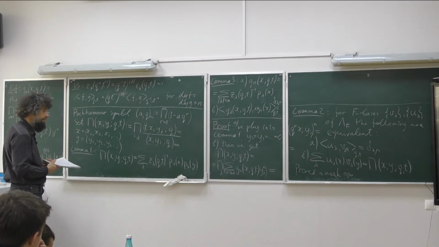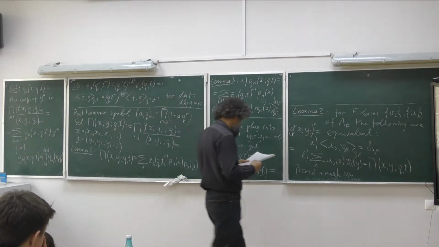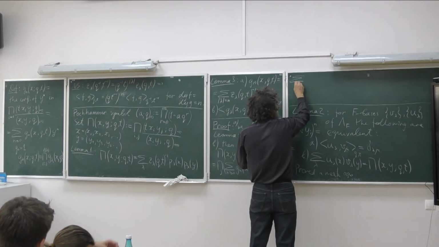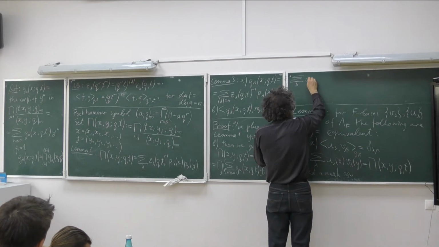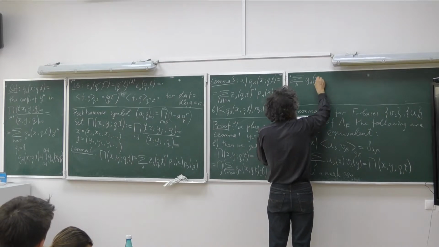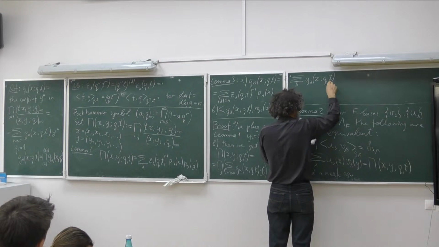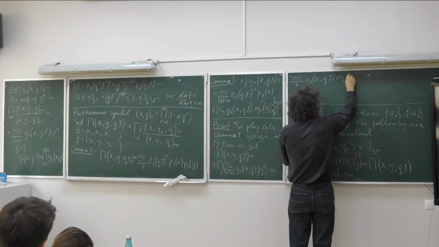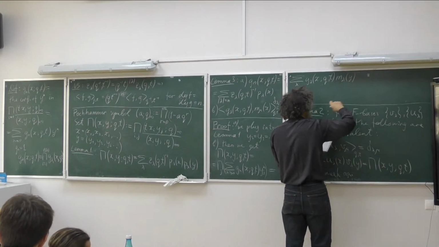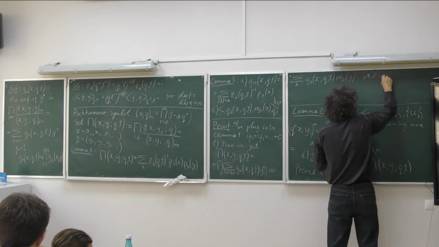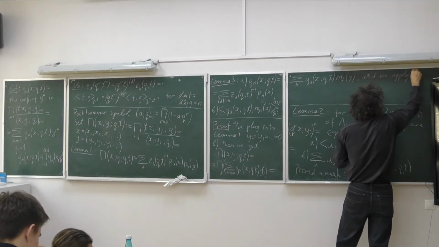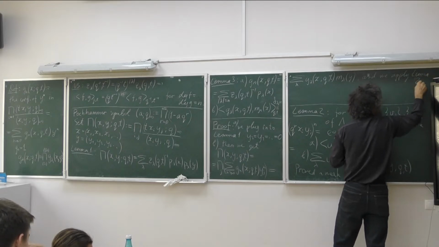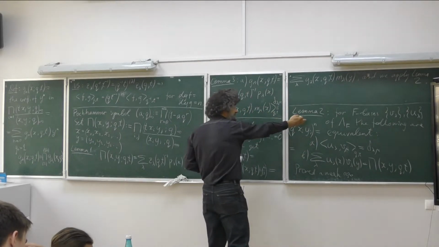So we get the sum over lambda of g lambda of x, q, t times m lambda of y, and we apply lemma 2, which is just here.